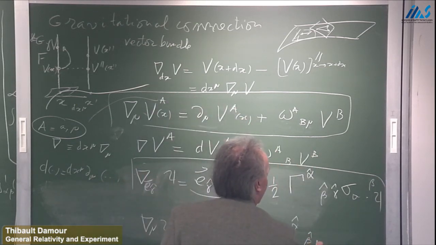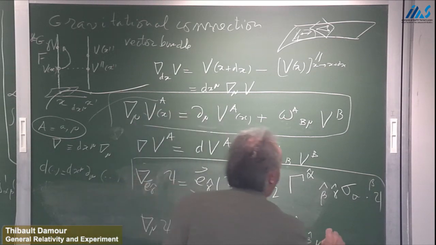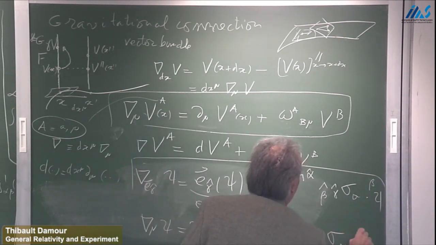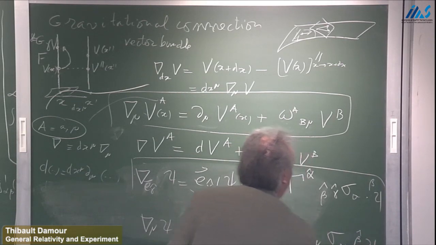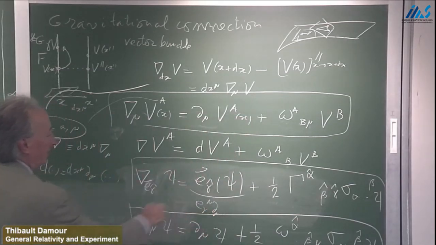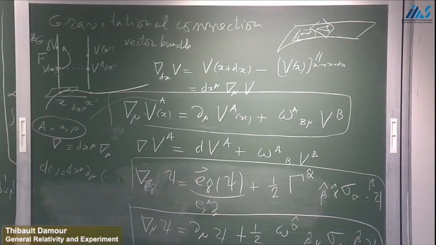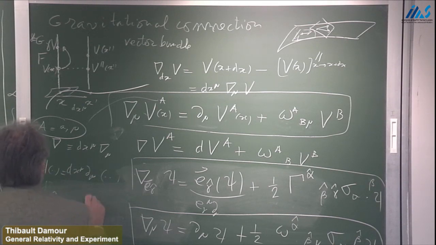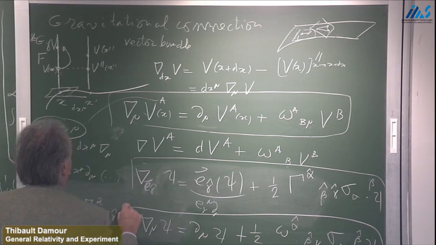People denote it omega alpha beta mu, and they call it the spin connection. But omega alpha beta mu is not the spin connection. Omega alpha beta mu is just the ordinary linear connection where the last index is projected. So omega alpha beta mu is just gamma alpha beta gamma E gamma mu, okay?